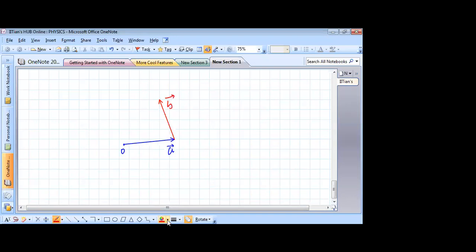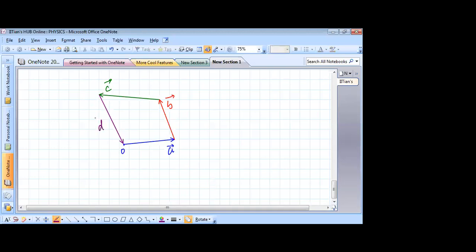Then C takes you somewhere from the head of B. Then finally for your resultant to be 0, D must take you back to where you started from. So that means D must be the fourth and final side of a quadrilateral.